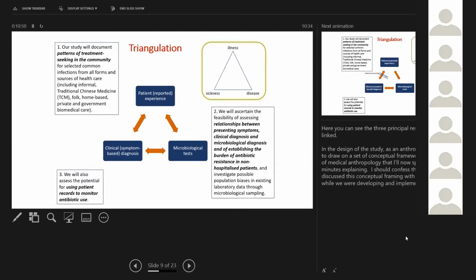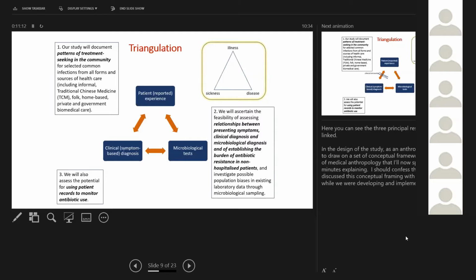So you can see here in the blue boxes three aspects which we were trying to triangulate in the study. In terms of our first objective on the top left, the documentation of patterns of treatment seeking arise ultimately from patient experience.